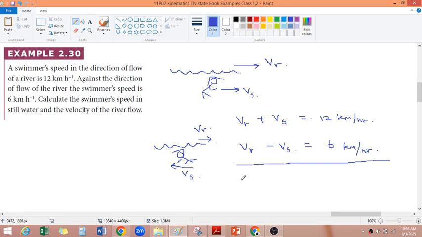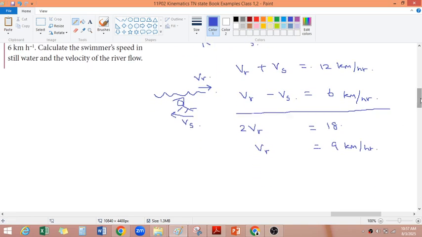Added, these two will cancel. So 2 times Vr is equal to 18. So Vr is equal to 9 km per hour. If I substitute it here, 9 minus Vs, or you can take the first equation, 9 plus Vs is equal to 12.